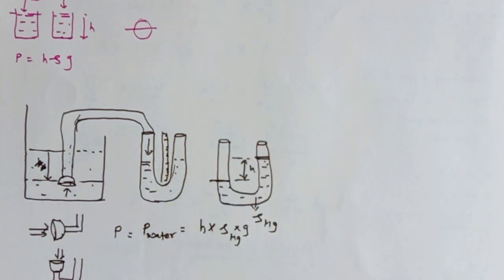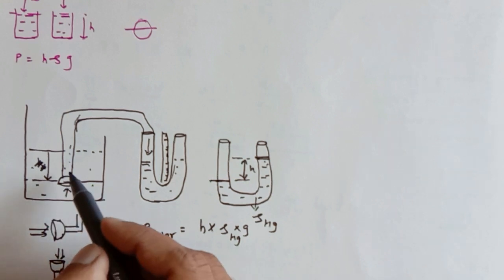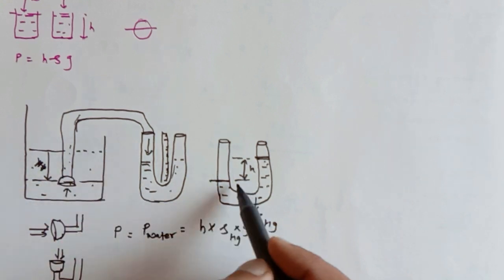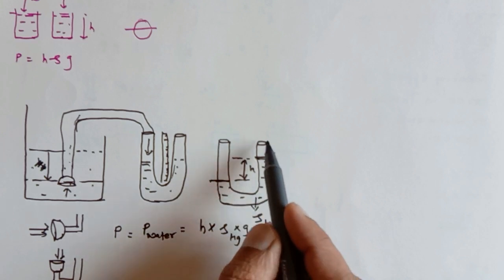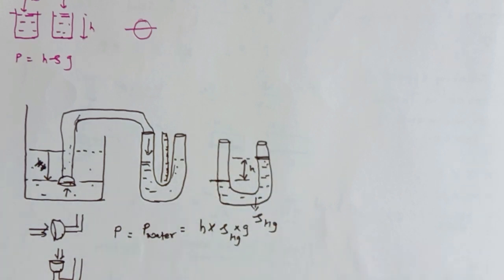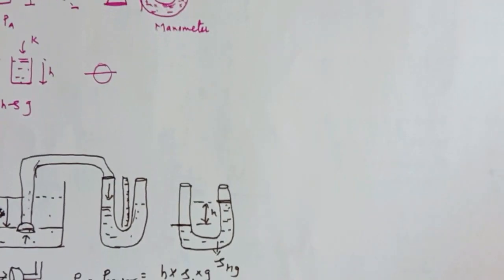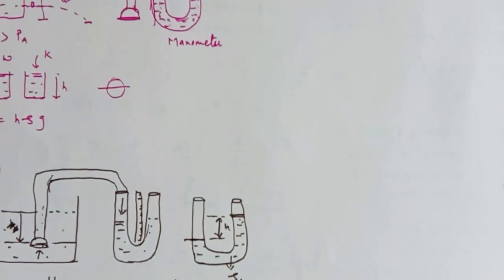Just remember this, nothing else. So if you insert this more inside the water, pressure increases. So this still goes down, this still goes up, right? Okay, and this is the manometer used to measure liquid pressure, right?